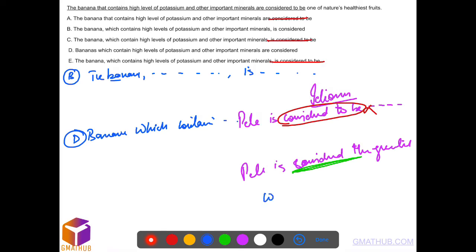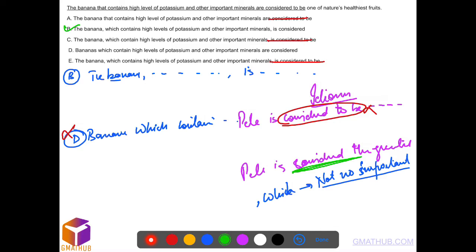When we use "which," this is used to explain the properties which are not so important. Okay. And it should be accompanied by a comma. Okay, there should be a comma before "which." So in that way, D is out, okay, and B is the right answer.